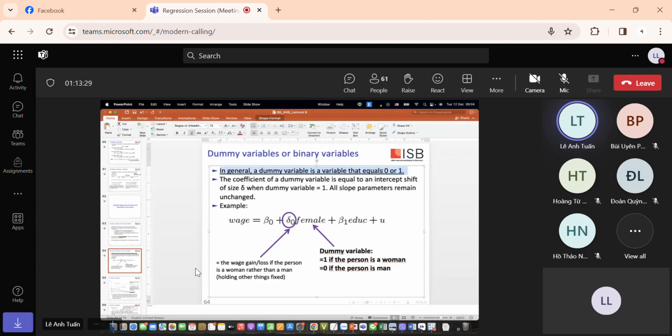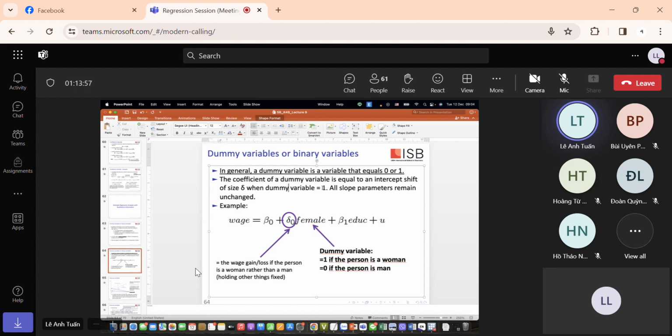The coefficient of the dummy variable is equal to the intercept shift when the dummy equals 1. Remember when we interpret the coefficient, we say that when the independent variable increases by one unit... Here the dummy variable only has two values, 0 or 1.